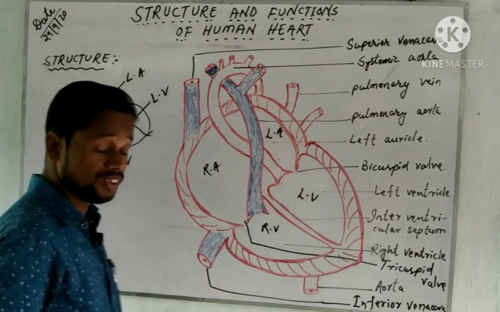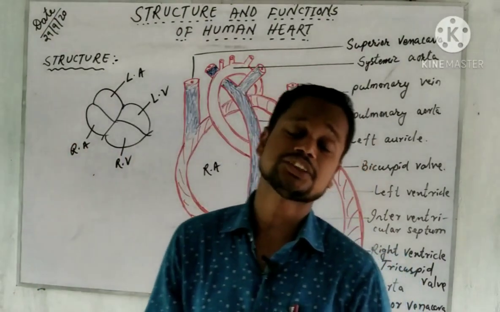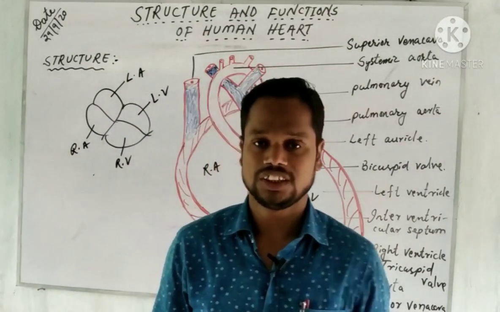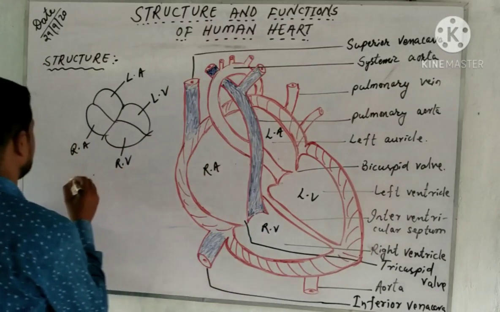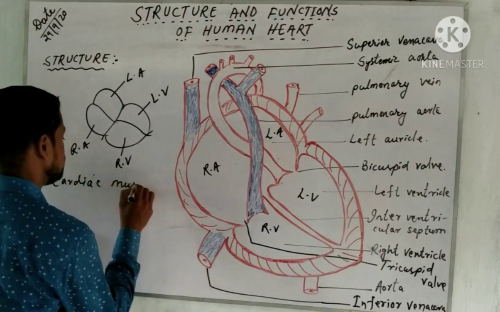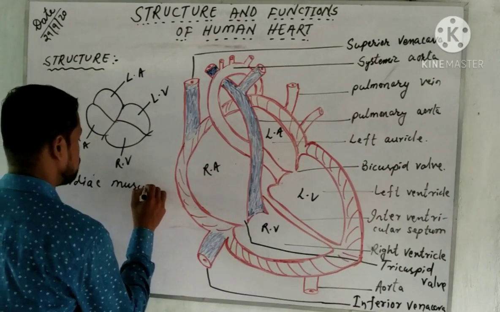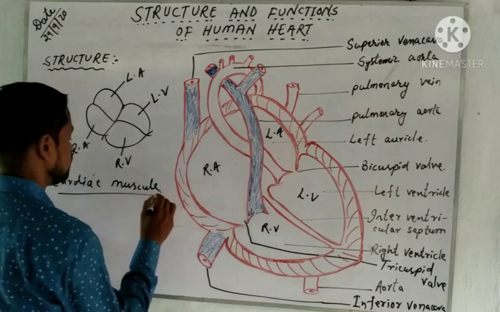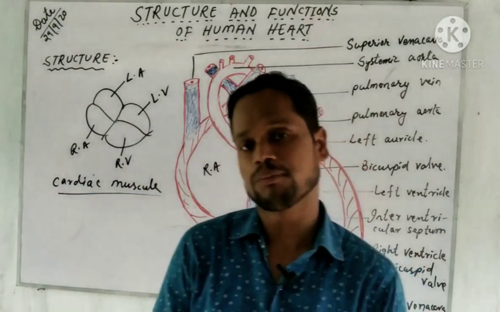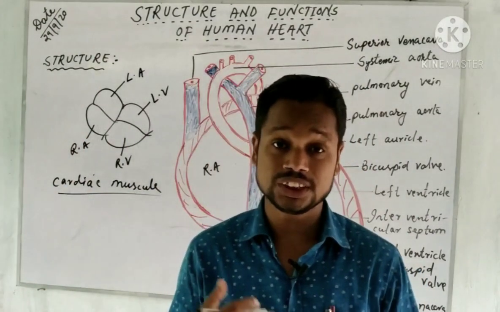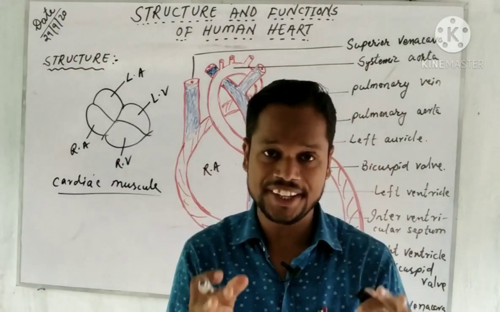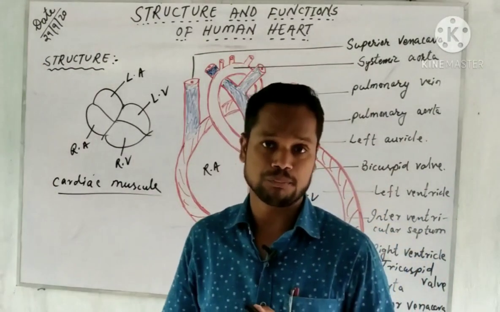First of all, the heart is made up of a specialized muscle called cardiac muscle. Cardiac muscle is one special type of muscle which can work tirelessly, means without tiring it can work very properly.